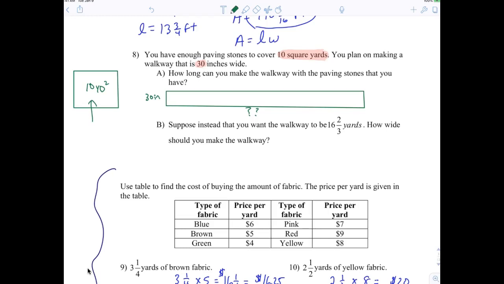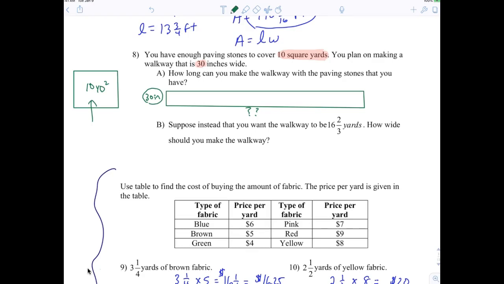Now, to me, the easiest thing to do is to convert these inches into yards. I think that would be the easiest thing. So 30 inches. Can anybody remember how many inches in a yard? What do you think? 12 inches in a foot. 36.